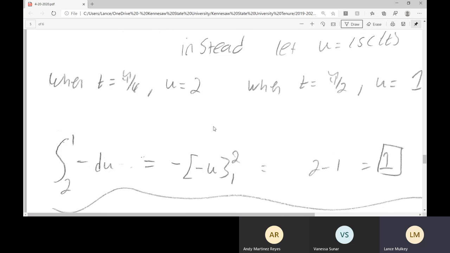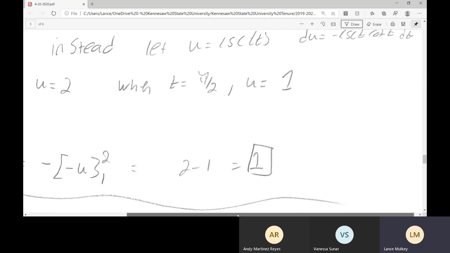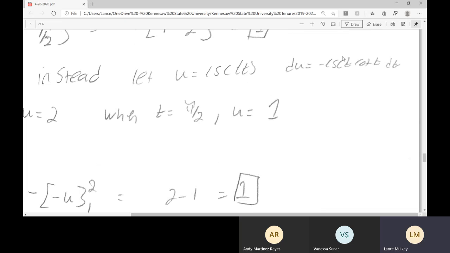And so we're going to say from 2, because when u equaled pi over 6, it was 2, to 1 when t equaled pi over 2, it was 1. You plug those in right here. You get negative du because it was only cosecant cotangent, so you bring the negative out.